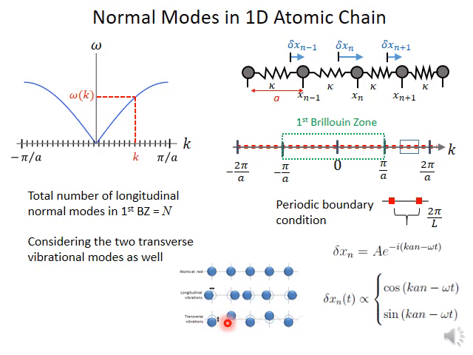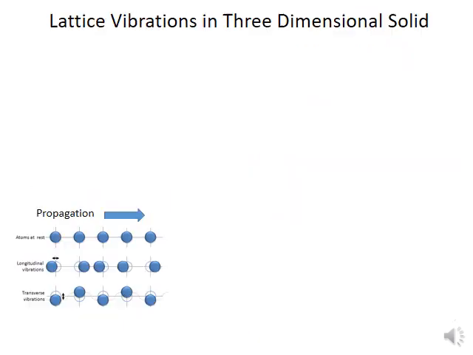So you can have three different modes, one longitudinal mode and two different transverse modes, because you can have oscillation into and out of the page as well. If you consider that, last time we found that the total number of modes possible is 3 times N, where N is the number of atoms in a crystal.